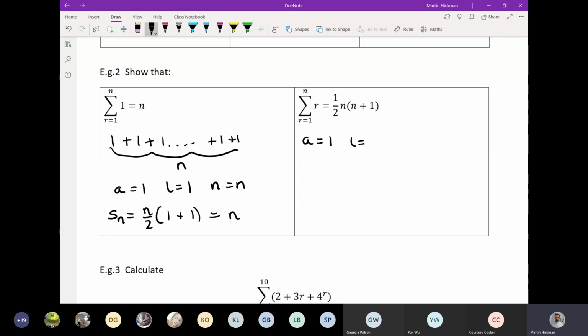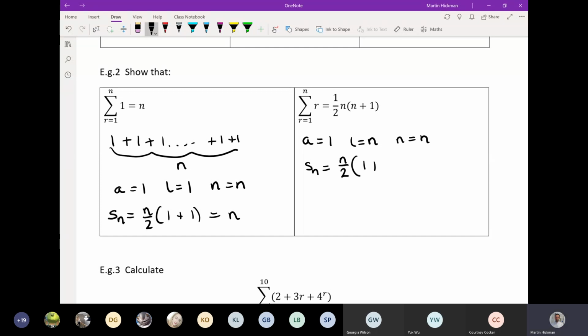The last term is going to be n, because for the last term you're subbing in n for r. And then in terms of how many terms we've got, yet again, the number of terms is n. And then just substitute this all in.